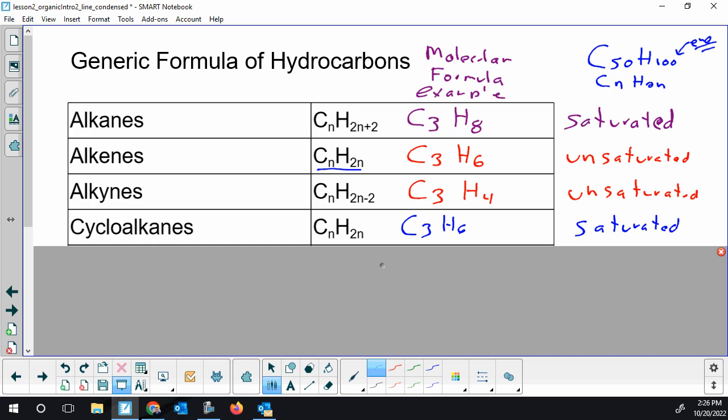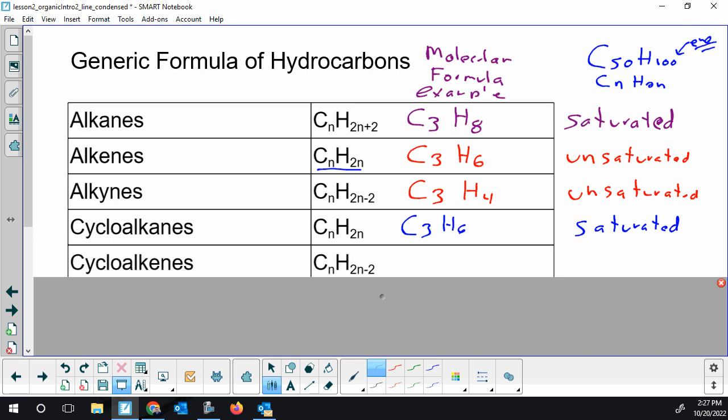For the ring, it's got the most hydrogen it can have. There's no double or triple bond, so the saturated term is still used. Last, we have the rings, but there's a double bond. We lose 2 H's to put in the double.